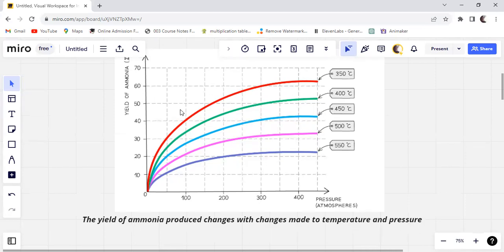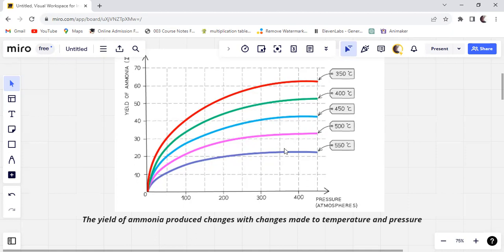So you can see this graph is illustrating the effect of changing temperature and pressure on the yield of ammonia obtained. By following any of the curved lines on the graph, it can be seen that as the pressure increases, so too does the yield of ammonia at the given temperature.